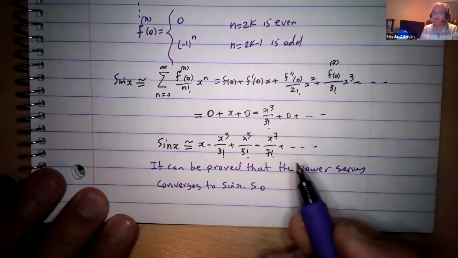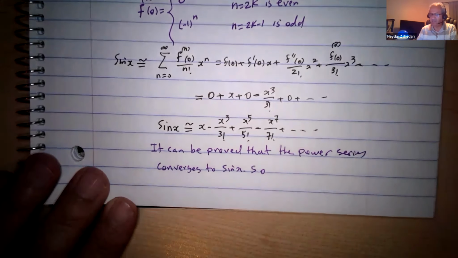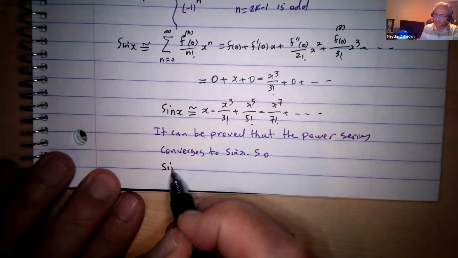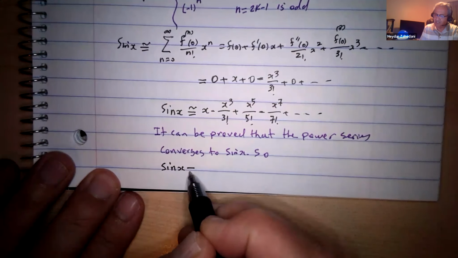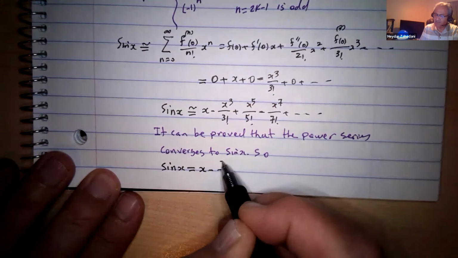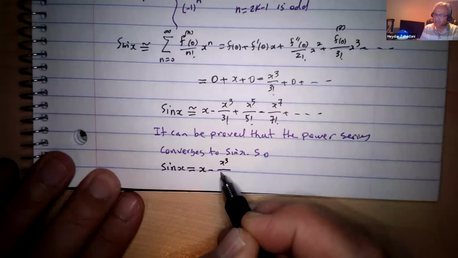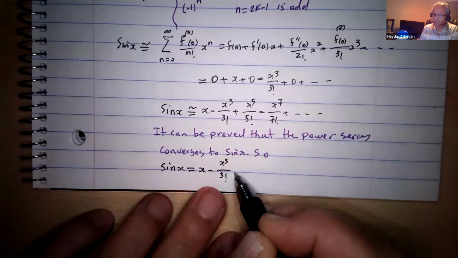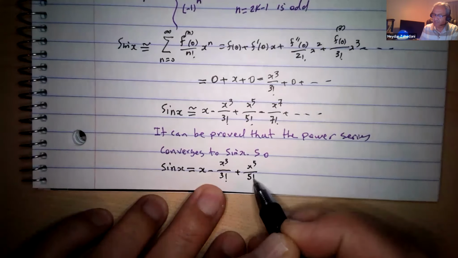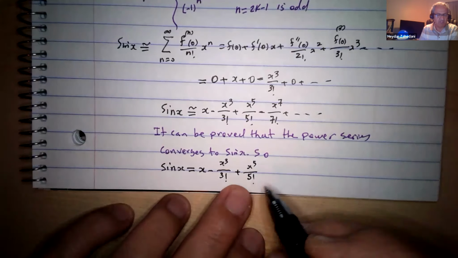So you have the second formula that you have to memorize and you can use it anytime. So this is how your calculator would operate for the sine for you. Sine x is equal to x minus odd power x cubed over 3 factorial plus x to the 5th over 5 factorial. Okay, you just keep going.